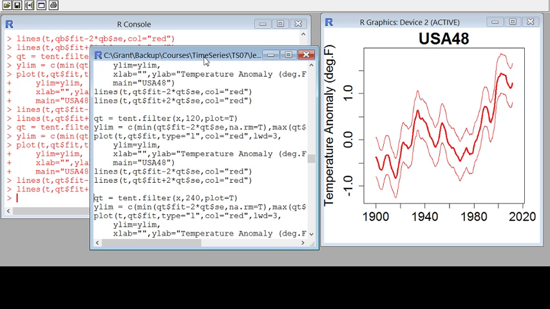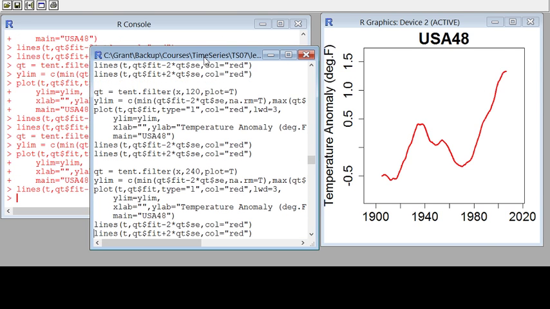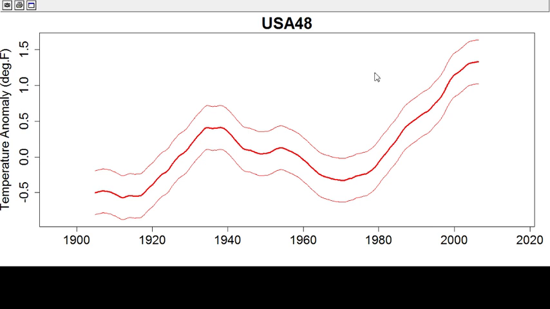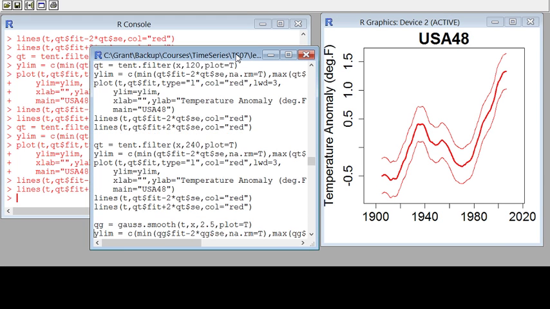If we go to a 240-point or 20-year time scale tent filter, now we definitely get the look of very steady changes. Level for a brief period, then a steady rise, then a steady slighter decline, and since 1975 or 1980, a steady and steep rise in temperature here in the USA lower 48 states.